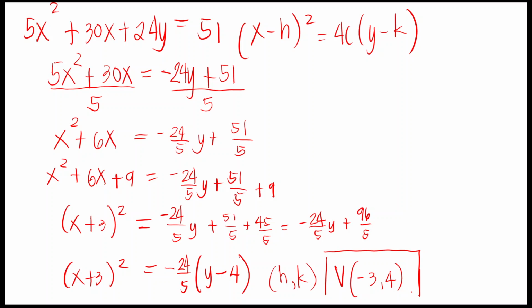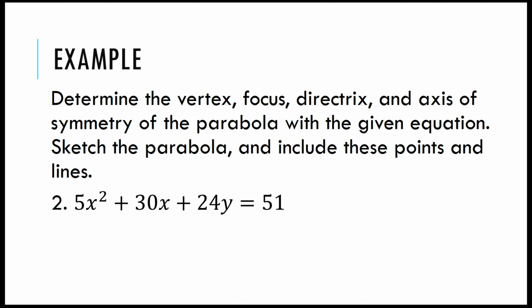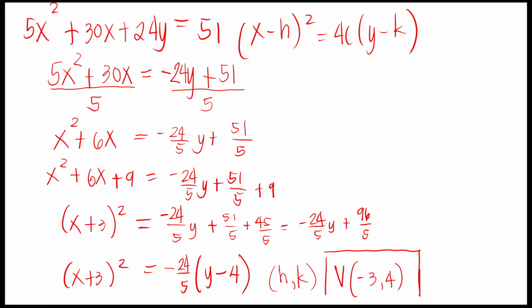The next part of the parabola that we are required to find is the focus. In order to get the focus, we need to get the value of c. In the standard equation, it is the constant that is being multiplied to y minus k.